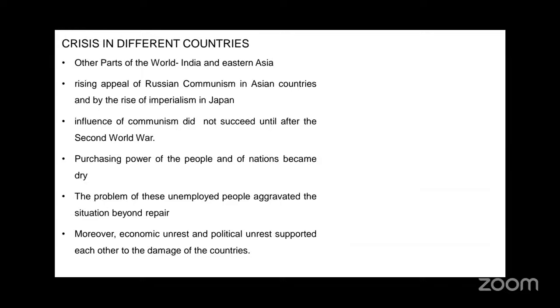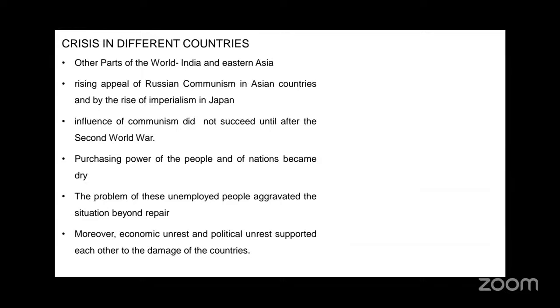Then unemployed people aggravated the situation beyond repair, and economic unrest and political unrest supported each other to damage the countries. As there was no employment, and the countries were busy reconstructing their economy, the people were in unrest and violently fought against the nations.